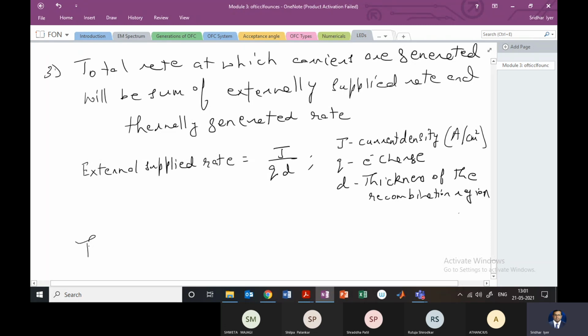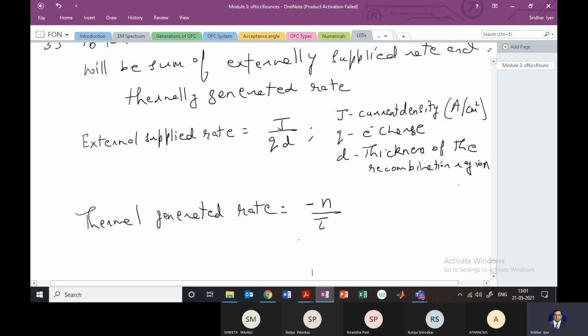Next is the thermal generated rate, and this is equal to negative n divided by tau, because with time this kind of rate is going to decrease because temperature becomes more and more constant, right?